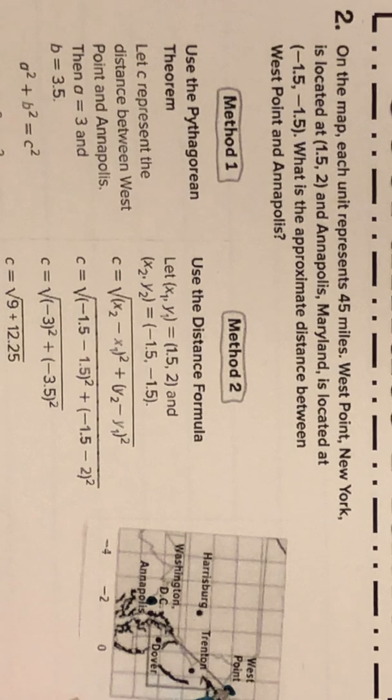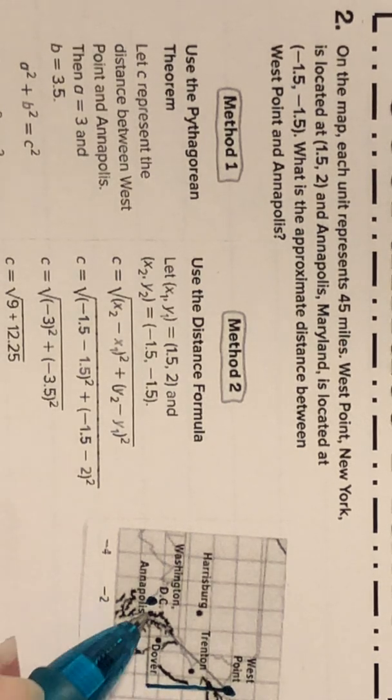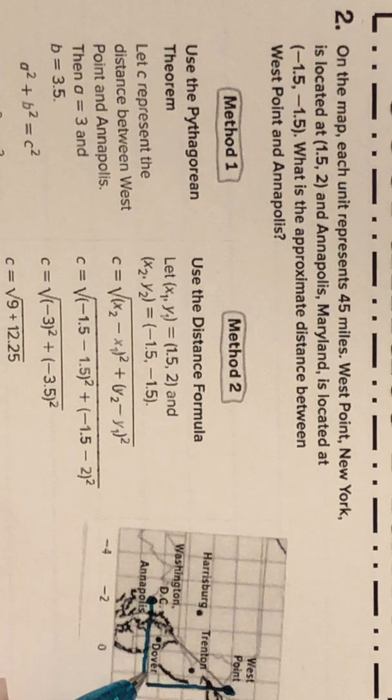Here's West Point. Okay. So method 1 is to use the Pythagorean theorem. So I have to figure out the triangle. So there's my triangle. This is 3 units down and 3.5 units over. Okay?